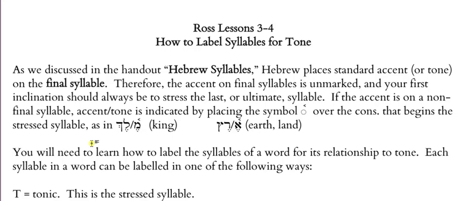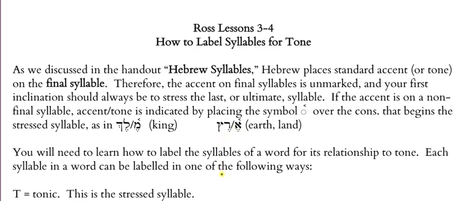If the accent's on a non-final syllable, the accent or tone is indicated by placing the symbol over the consonant that begins the stressed syllable, as in the word melech, which is king. Okay, you remember melech, and there is the accent over the mem of melech, and the word for earth or land is eretz, and the stress is on the first syllable, so it's not final syllable stress in either of these, and so that's why I have the overt accent there.